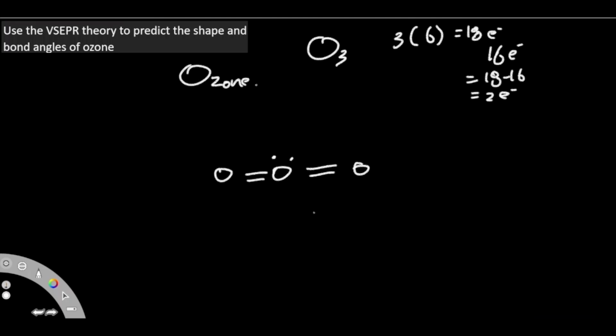The way to do it is you have your 2 electrons here, you have your 2 electrons here, and you have an electron here. This is going to be bonded to this oxygen. These are going to be double bonded to this oxygen. So if we were to count it all up now, 1, 2, 3, 4, 5, 6, 7, and 8.